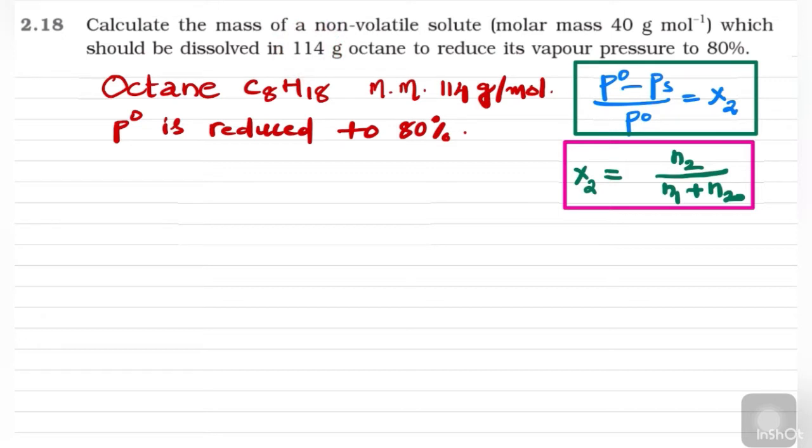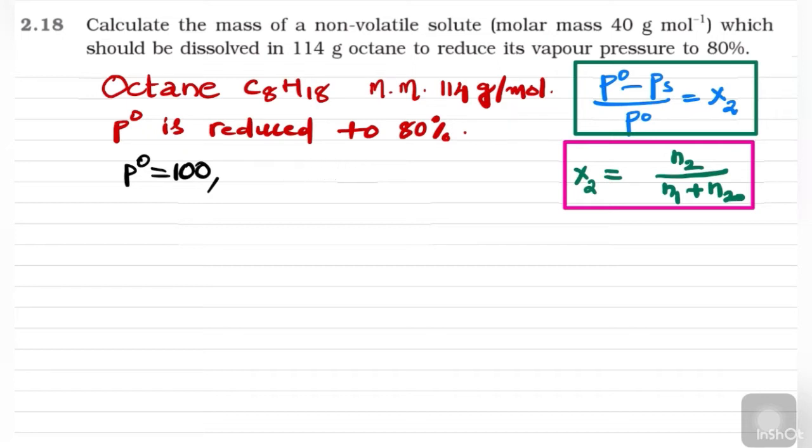Here one more point should be understood: 80%, the P naught value is reduced to 80%. What does it mean? It means if the P naught value is 100 in the beginning, 80% of it has been reduced, that means 100 into 80 by 100. 80% has been reduced, that means only 20% is left.